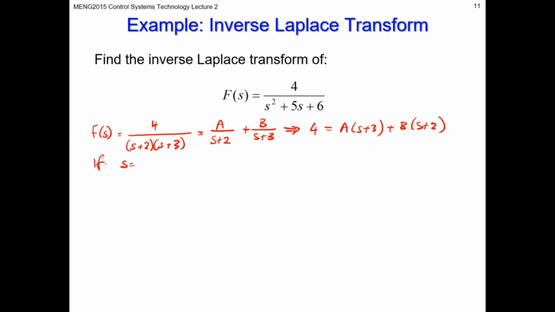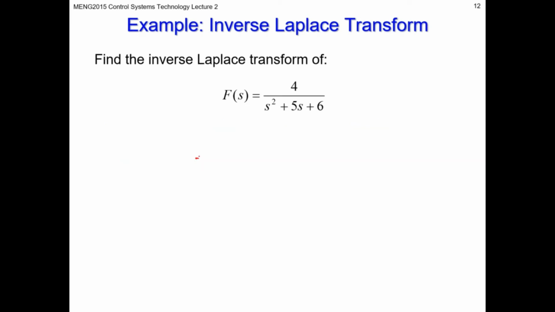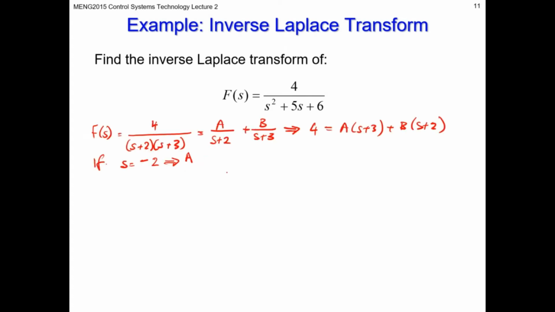All right, and now we can substitute in values. Say if s equals minus 2 first of all. Okay, I did it the other way around in my notes. Okay, let's do it. s equals minus 2. That gives us a equals 4, right?